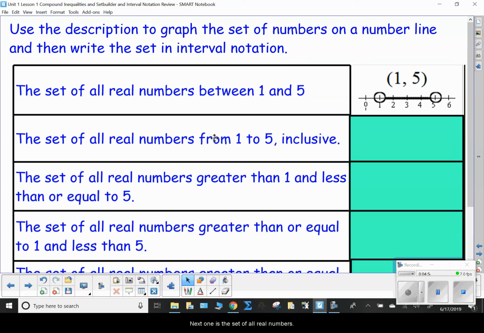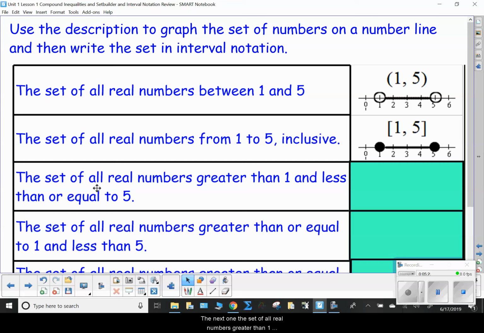The next one here is the set of all real numbers from 1 to 5 inclusive. The word inclusive means right here that we are going to include 1 and 5. So we have to have solid points at 1, a solid point at 5, and then we use brackets.